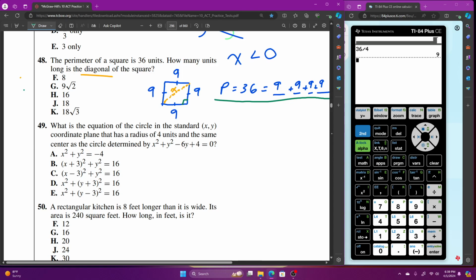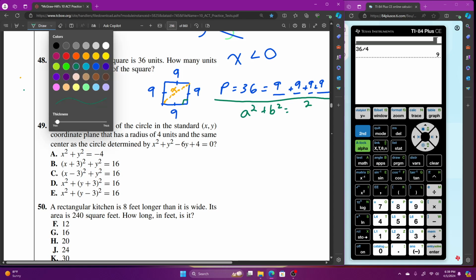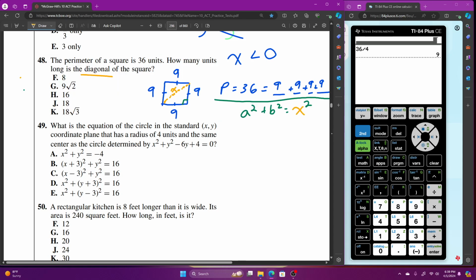We know that a squared plus b squared equals c squared by the Pythagorean theorem, where c is your hypotenuse. So I'm going to change that c to be x. And I'm going to change my a and b to be the legs of my triangle, to both be 9.